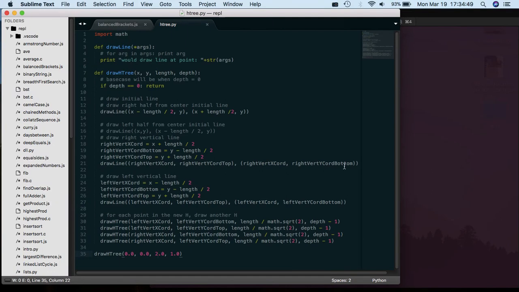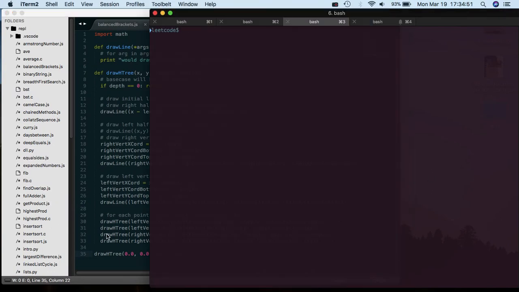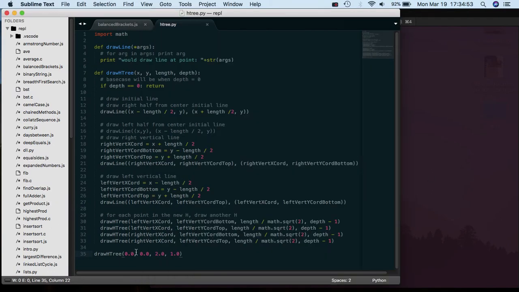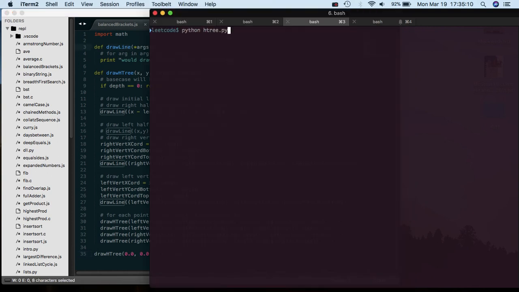Yeah, so here's the same code, and essentially this will spit out the following. We're going to start at the center, the origin of the xy coordinate. The starting length is going to be 2, and then we're just going to print out 1, h. So what it's going to do is print out all the times we call draw line. So we should expect 3 lines drawn, right?